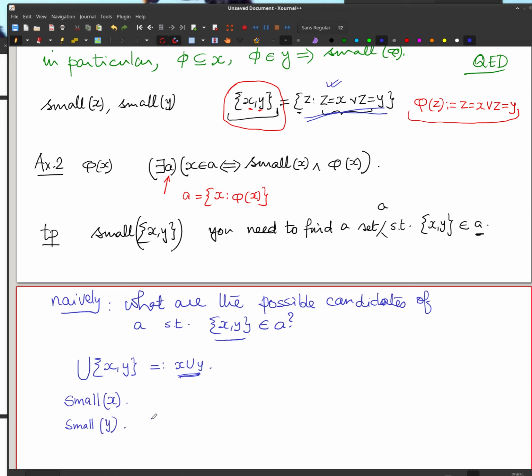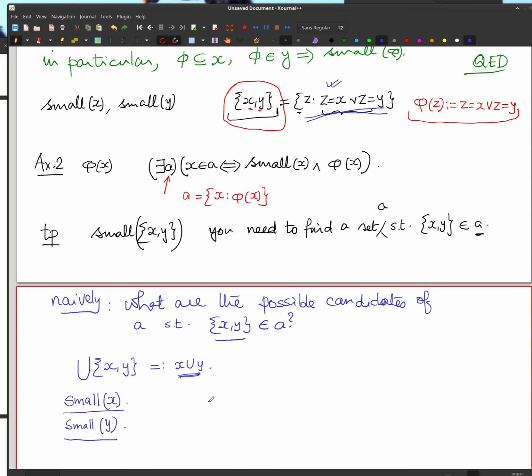Now think, if this is a small set, then by the axiom of power set, what do I get?